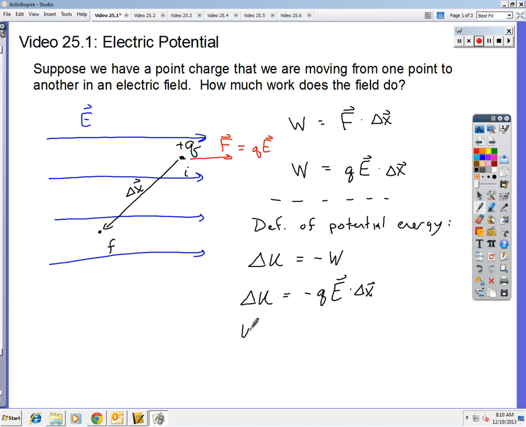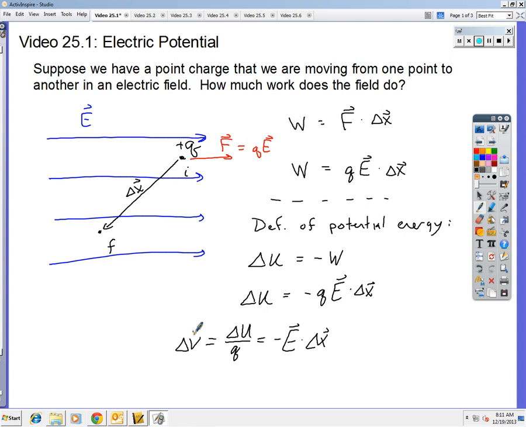So if we look at this quantity delta U over Q, that's going to be a constant ratio, and it's equal to negative E dot delta x. And this quantity we're going to call the change in the electric potential.